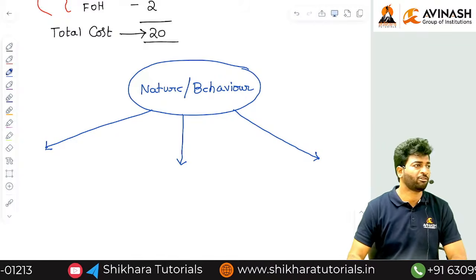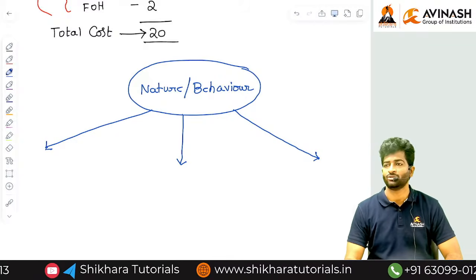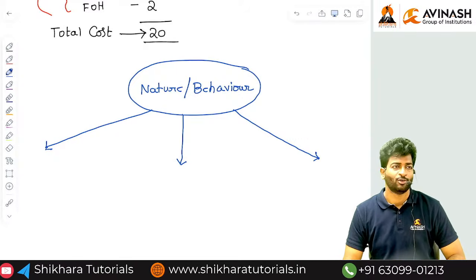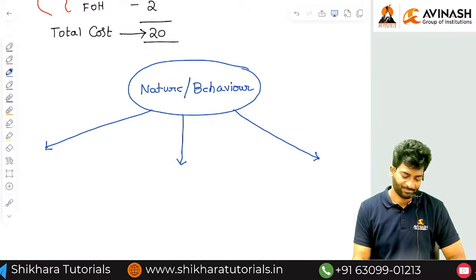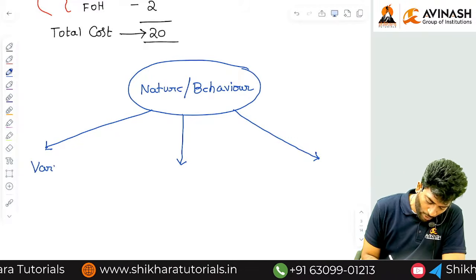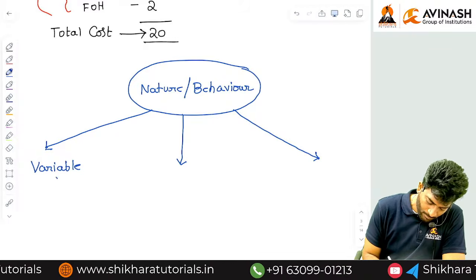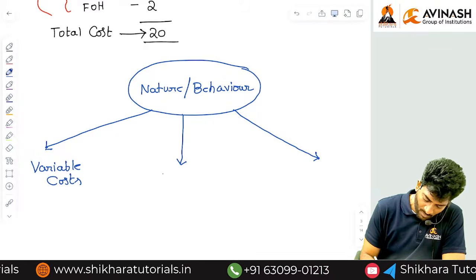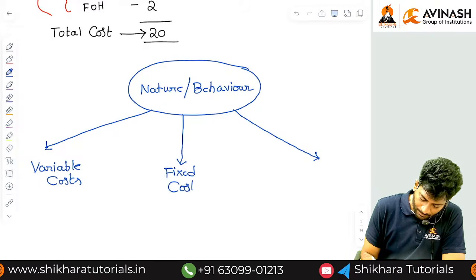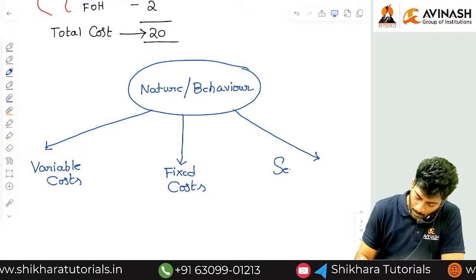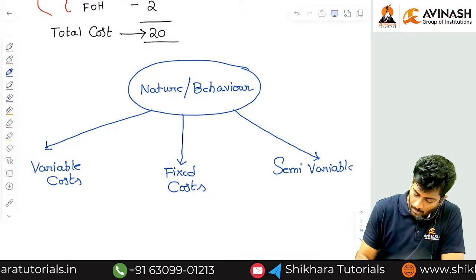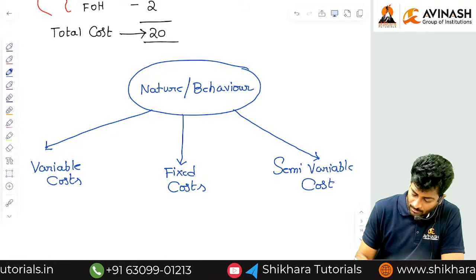Based on nature or behavior, costs are classified into fixed, variable cost, fixed cost, semi variable cost, right?